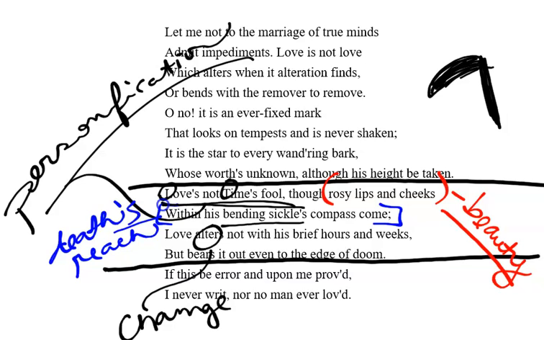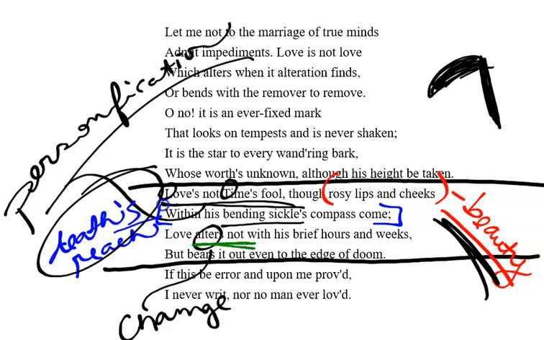So when it says the bending sickle's compass come, that means whenever beauty is in death's reach, and he says that love alters not, keyword not. So he says love does not change even though beauty comes within reach of death, but instead it bears it out even to the edge of doom, so forever.